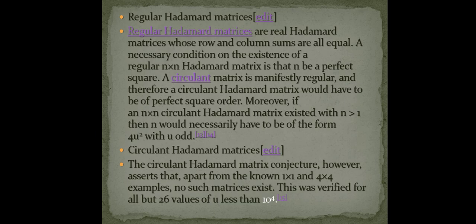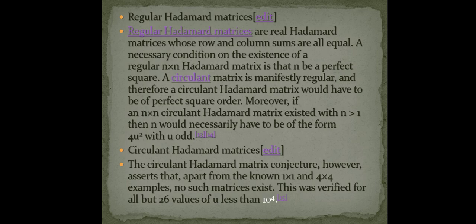Regular Hadamard matrix. Regular Hadamard matrices are real Hadamard matrices whose row and column sums are all equal. A necessary condition on the existence of a regular n by n Hadamard matrix is that n be a perfect square. A circulant matrix is manifestly regular, and therefore a circulant Hadamard matrix would have to be of perfect square order.